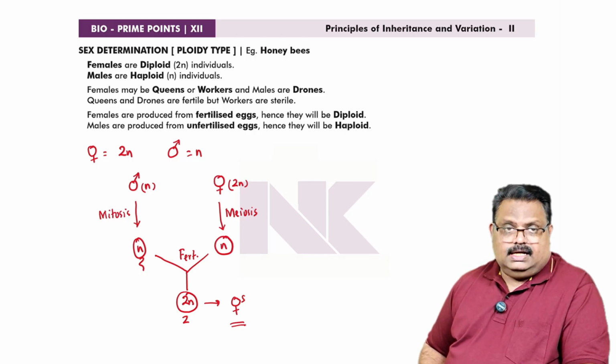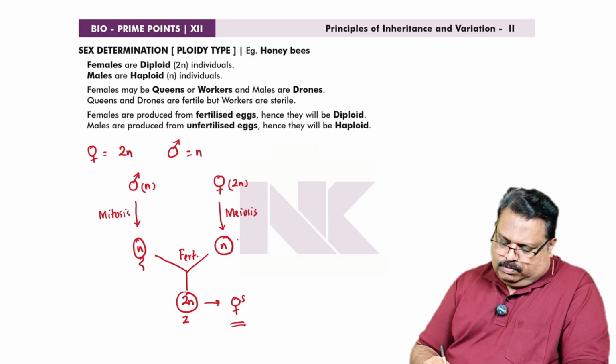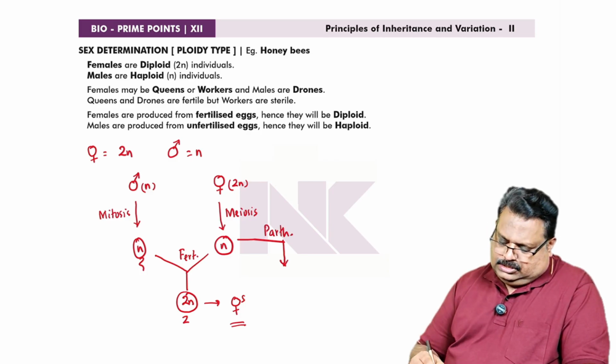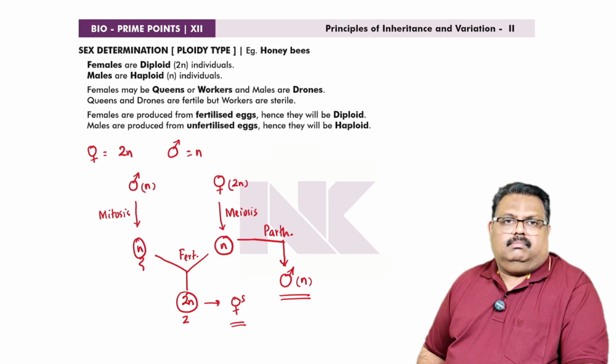But in honeybees, there is another mechanism: the ovum can develop without fertilization. That process is called parthenogenesis. So by parthenogenesis, a young one will be produced. The young one will be haploid. The haploid young ones will always become males.